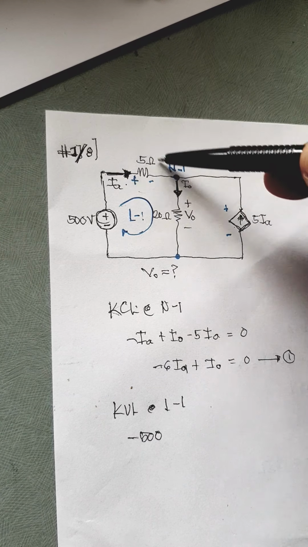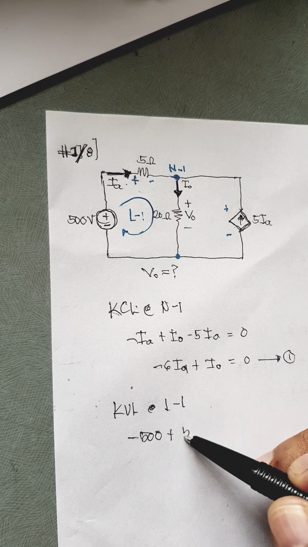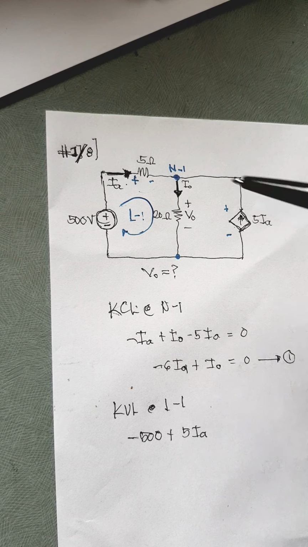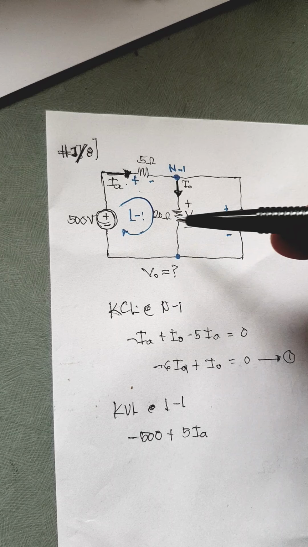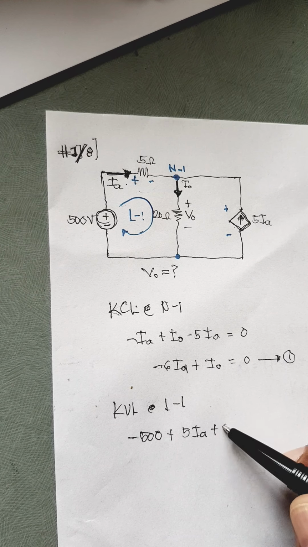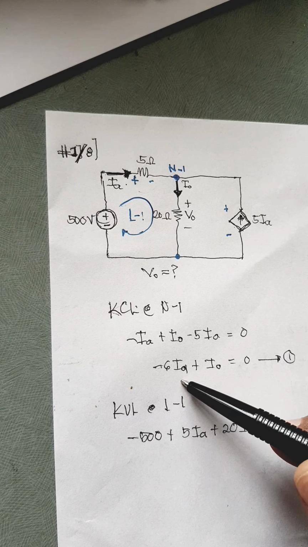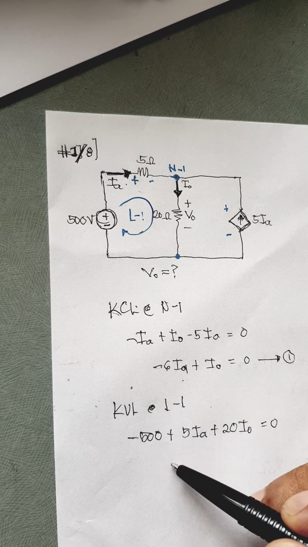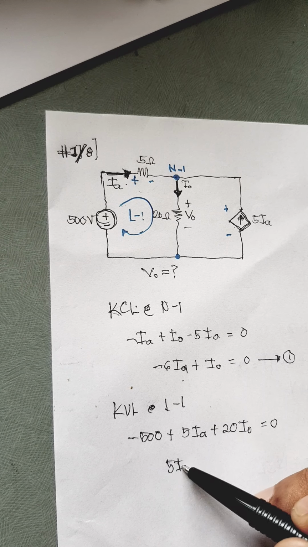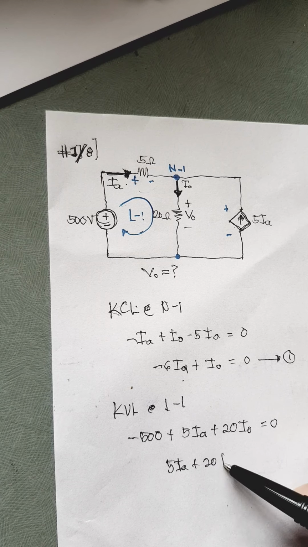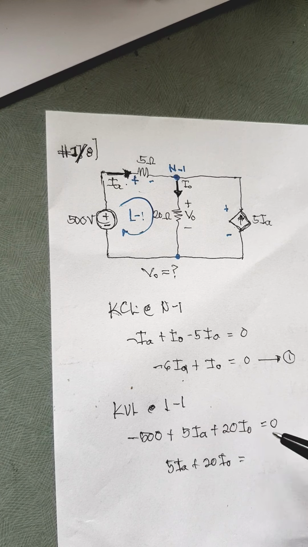And then the voltage here is plus 5 times IA. Then the voltage here is VO, or VO is actually 20 times IO. So plus 20 times IO equals 0. Or simply, in the form of IA, IO, and constant, this is 5 IA plus 20 IO equals, transposing 500 to the right side, positive 500. So this is now equation 2.